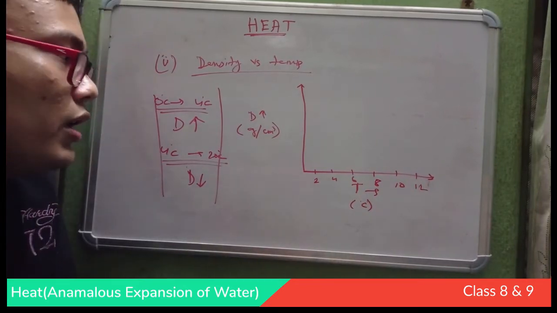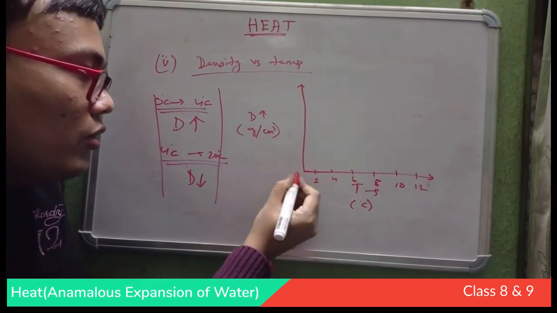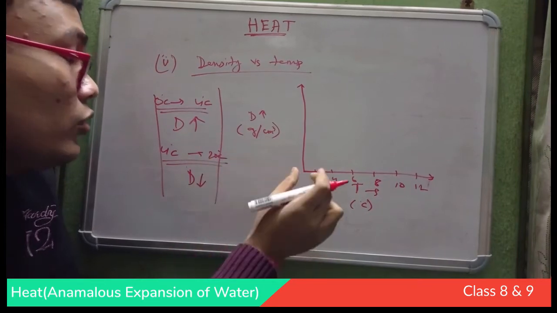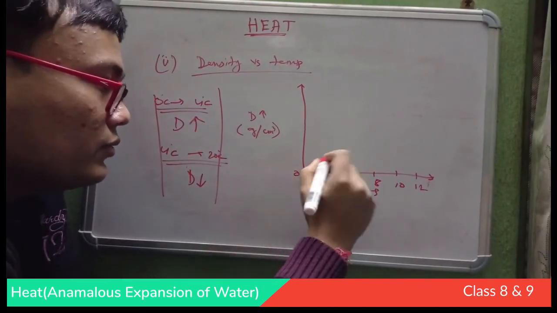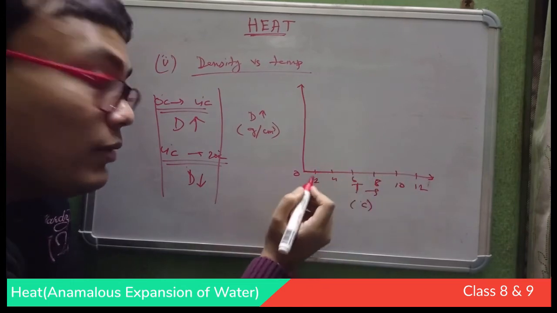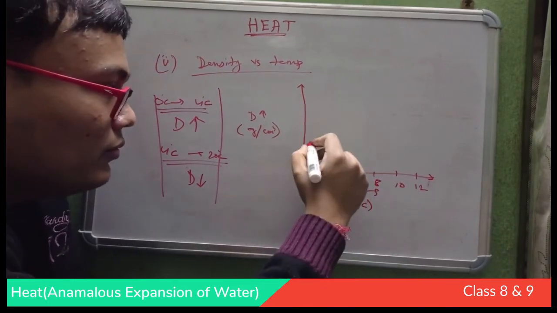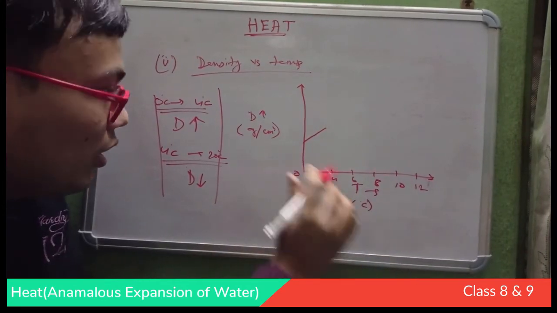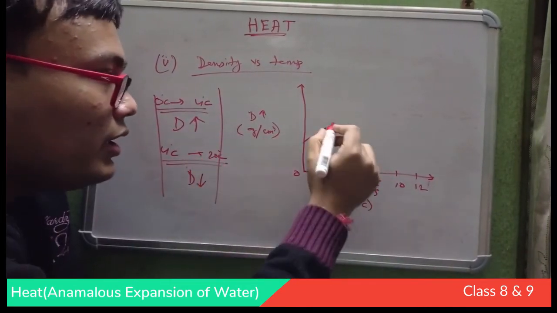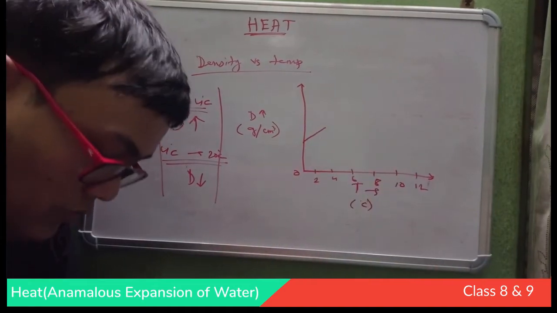Now if we plot the graph, we know from 0 to 4, the density will increase, and from 4 there will be a decrease in the density.